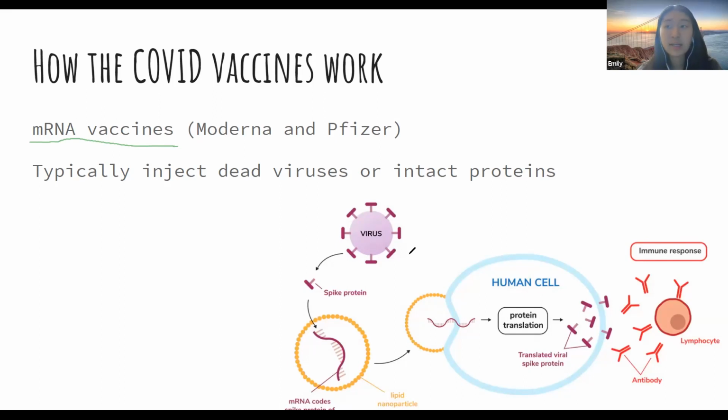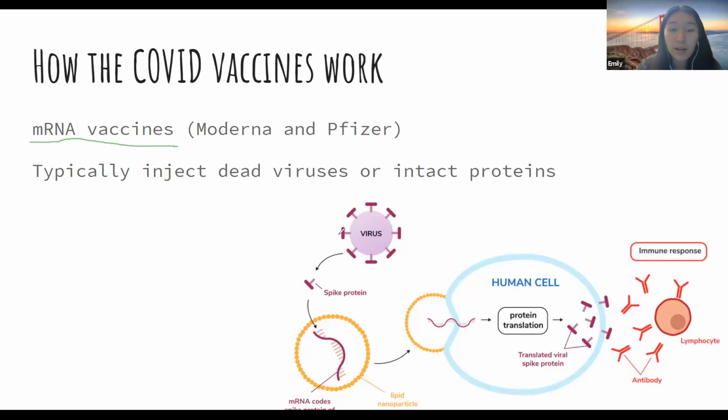And what happens then is your immune cells have an opportunity to recognize this foreign particle, become familiar with it, produce antibodies, and remember what it looks like so that it knows how to fight it off the next time. So on the second time, when you get infected with these viruses, your immune system has already seen them before, and so it can fight them off more quickly, and you will recover or just not get sick.